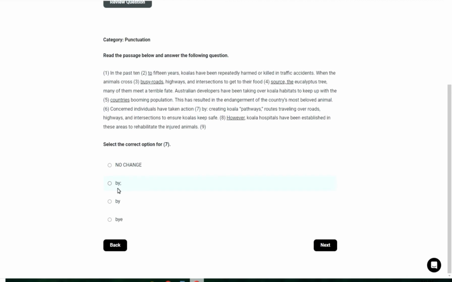The second choice, B, would be using a semicolon, which again, replace it and see what it says. Concerned individuals have taken action by; creating. That doesn't make sense at all. And then we're left with C and D, and this is going to be determining. D, "bye," means like saying goodbye, like leaving somewhere. That's not what this is talking about. It's talking about C, "by creating koala pathways," etc. That's going to be the correct answer.